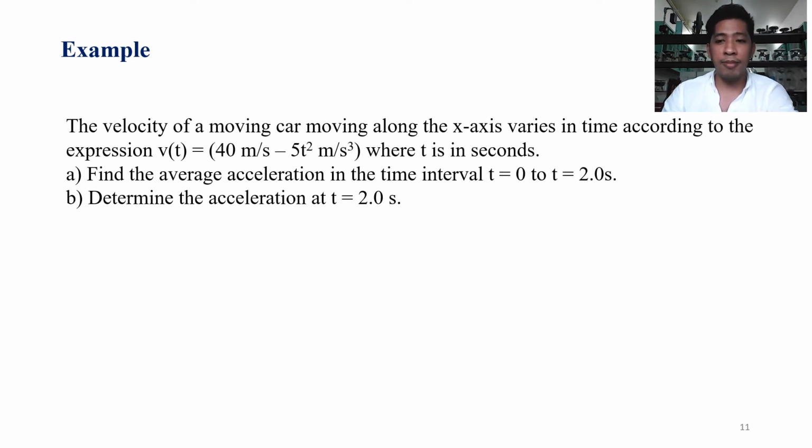So in this problem, we're given a velocity function in terms of t of 40 meters per second minus 5t squared meters per second cubed, where t is in seconds. A. Find the average acceleration in the time interval from time equals 0 to time equals 2 seconds. And B. Determine the acceleration at 2 seconds.